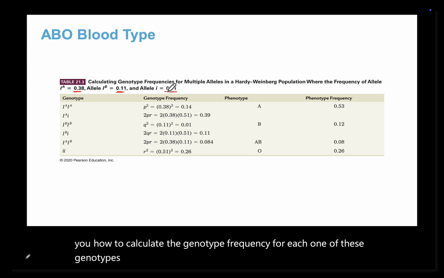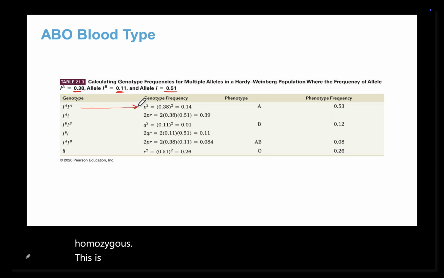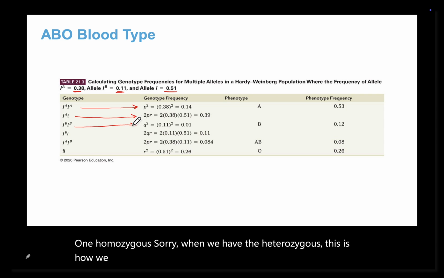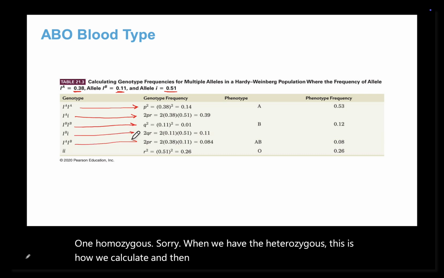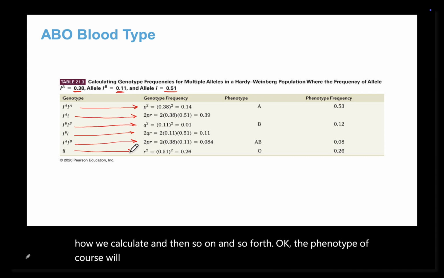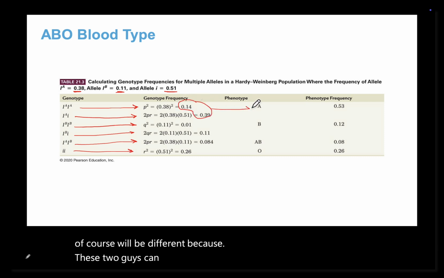Okay? So, for the genotype where we have both homozygous, this is how we calculate. For when we have one homozygous, when we have the heterozygous, this is how we calculate, and so on and so forth. Okay? The phenotype, of course, will be different because these two genotypes can be the same phenotype.